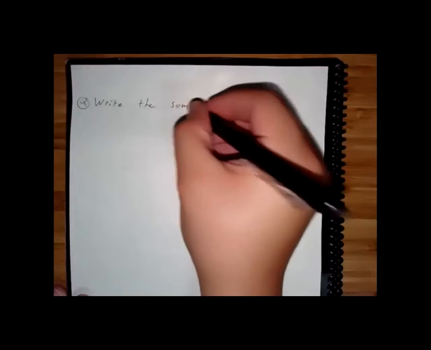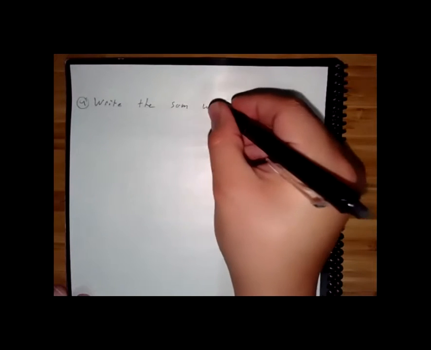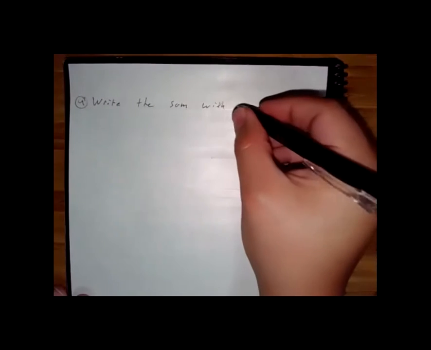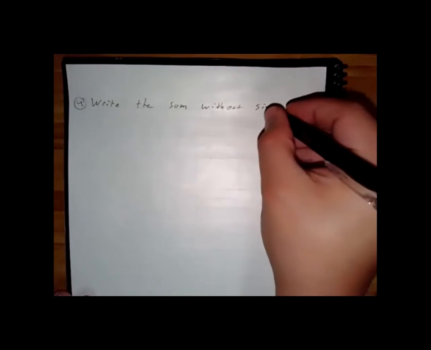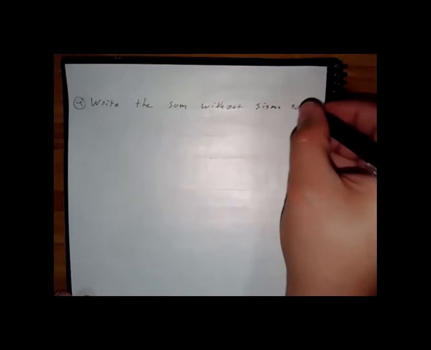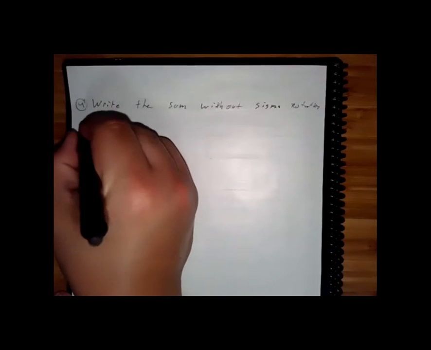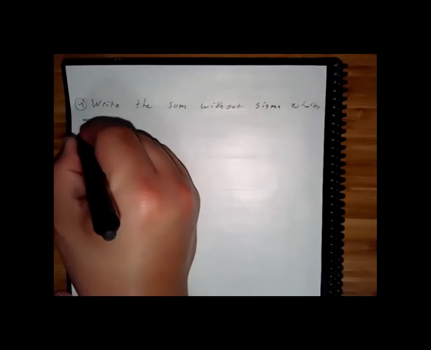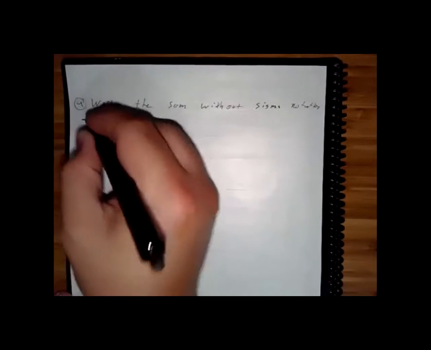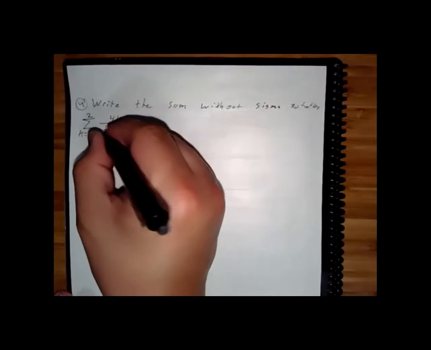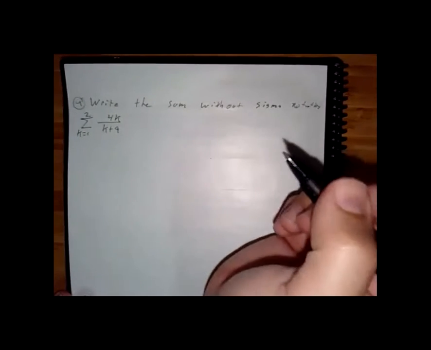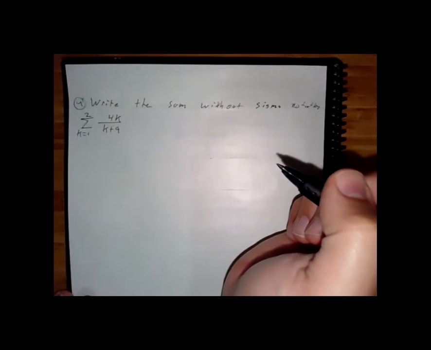Write the sum without sigma notation. Okay, so you use a sum from 1 to 2 of 4k over k plus 9. Since we only have 2 terms, we can just plug it in, right?